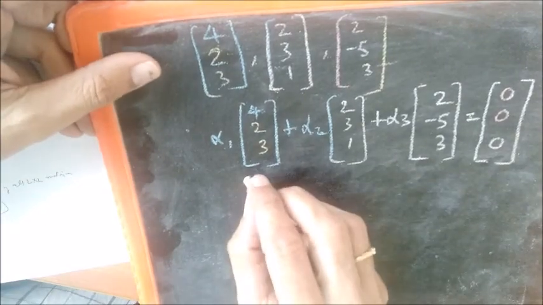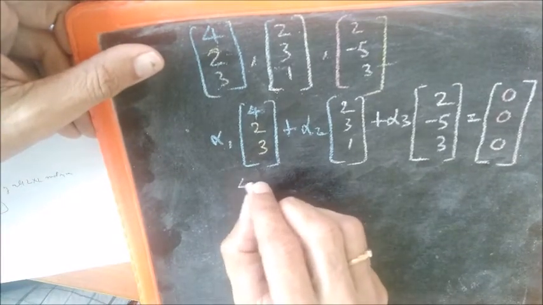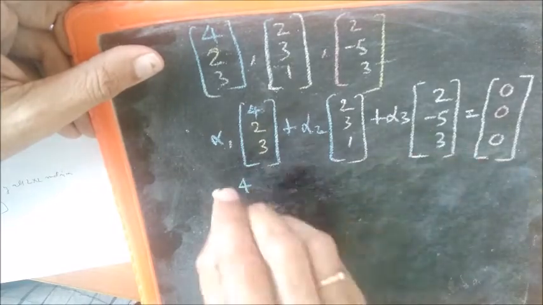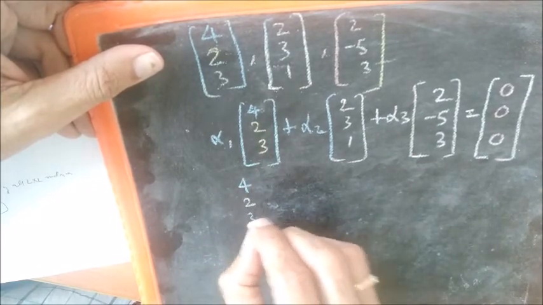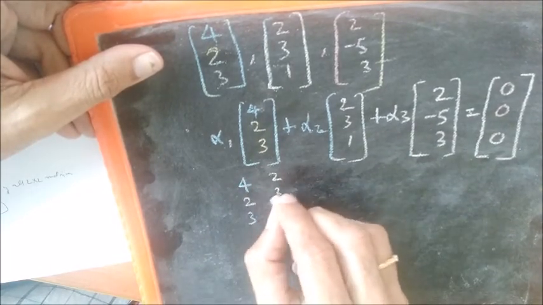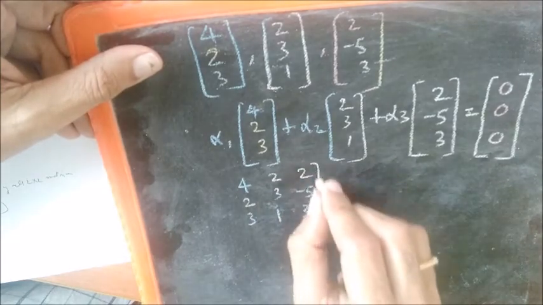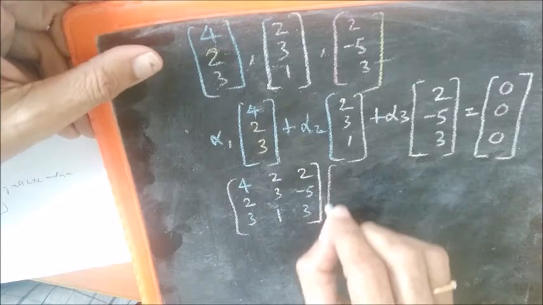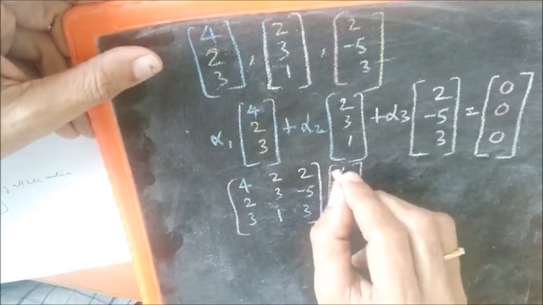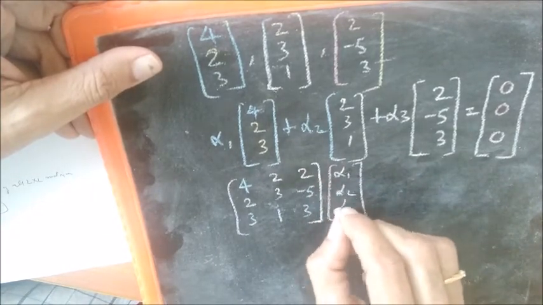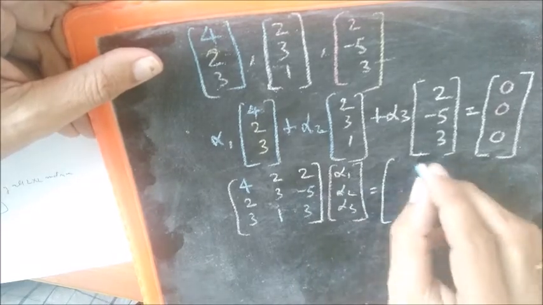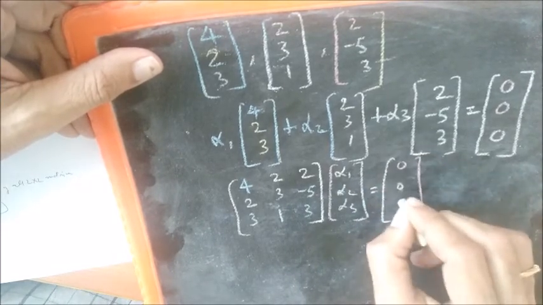Now we can write the relation that I have here in the form of a matrix equation, a matrix multiplying a vector, the result becoming 0.